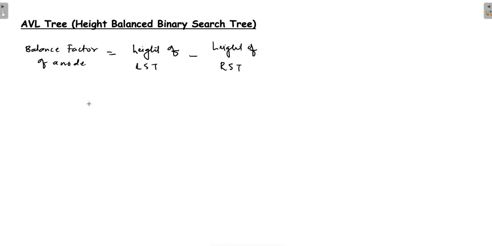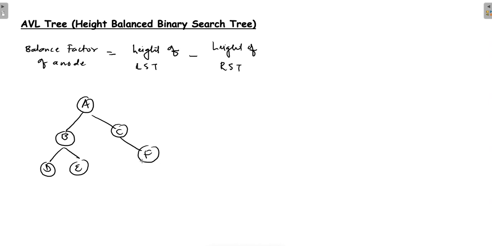So let us calculate the balance factor of a tree. I will take some random example here. So C, I'll be writing D, E here, F, suppose G, and it has two children H and I. Now let us find out the balance factor of each node.